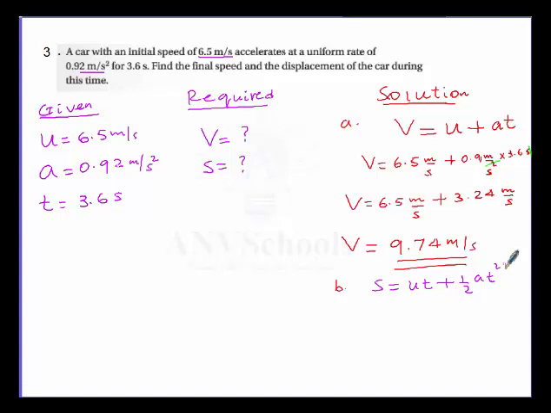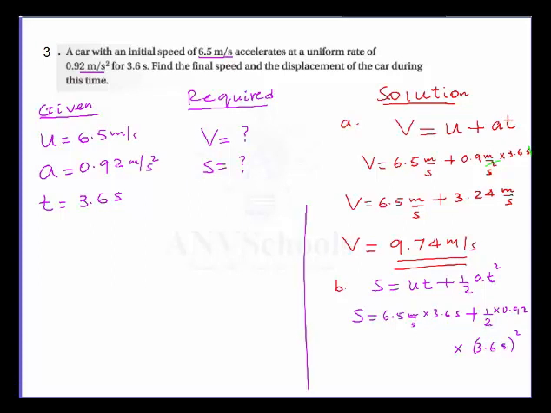So s is the initial speed, 6.5 meters per second, multiplied by t, 3.6 seconds, plus 1 over 2 multiplied by 0.92 multiplied by t square, that's 3.6 seconds square.